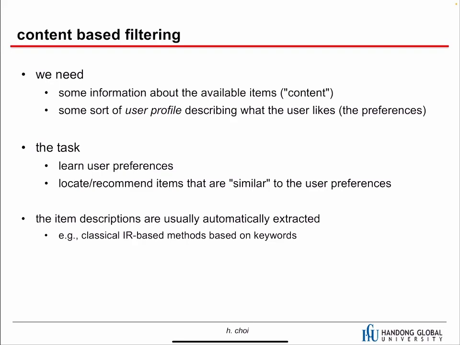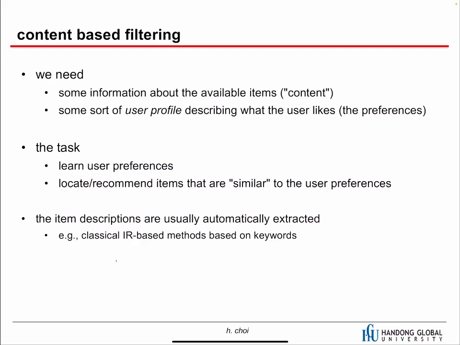The item descriptions are usually automatically extracted from the data. So for example, if it is article recommendation, then from the article we have to extract some information, and this information should be structured.